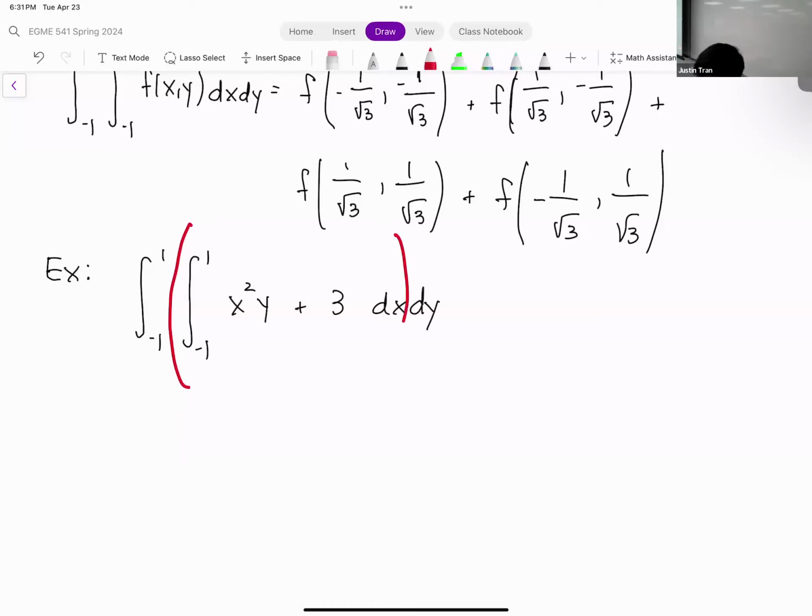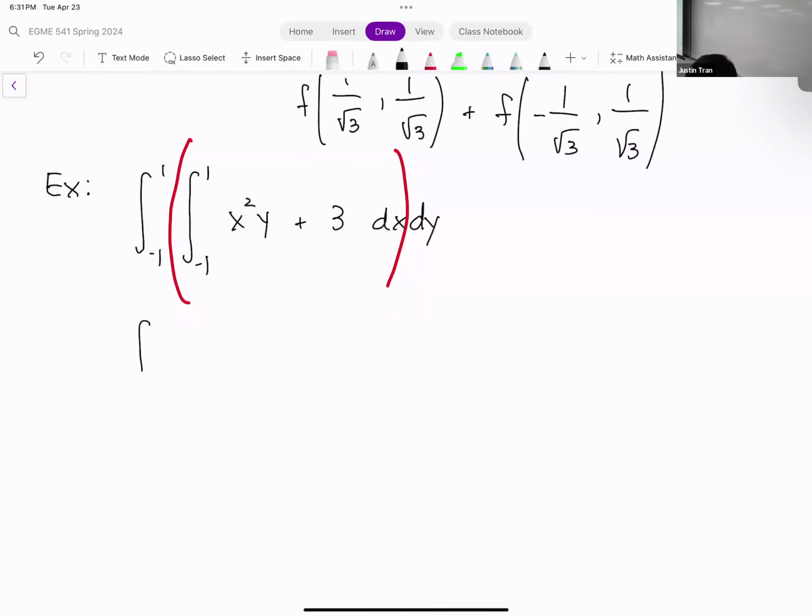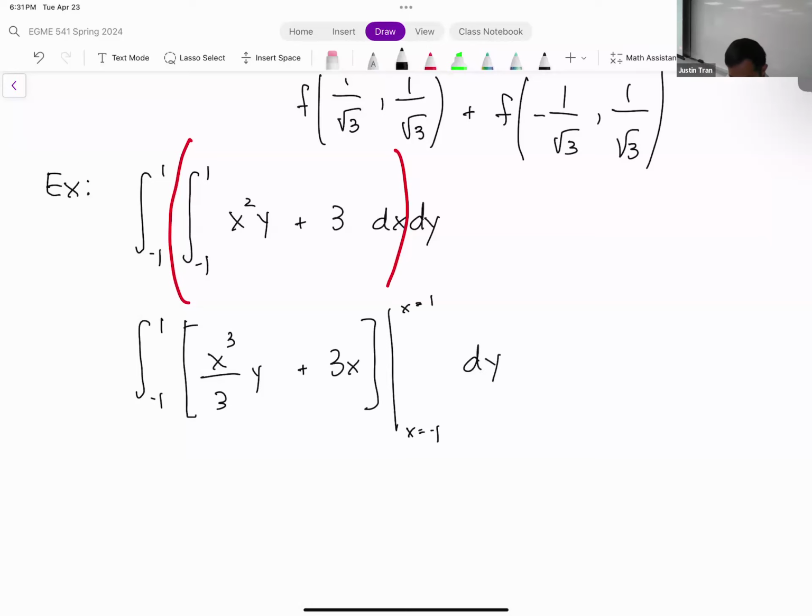So if we integrate on x first, we get the integral from -1 to 1 of the quantity x cubed over 3 times y plus 3x, evaluated from x equals -1 to x equals +1, dy.